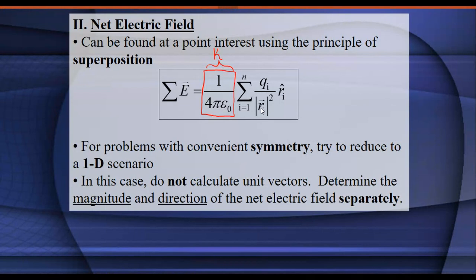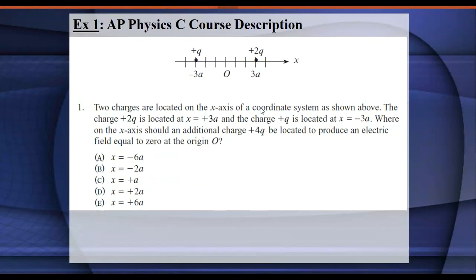It's really only in the scenario of three-dimensional space, or maybe some 2D problems, that we'd have to worry about unit vectors. But again, we're going to try to get away from that by finding ways to turn our problems into one-dimensional problems. Okay, so let's start with this.